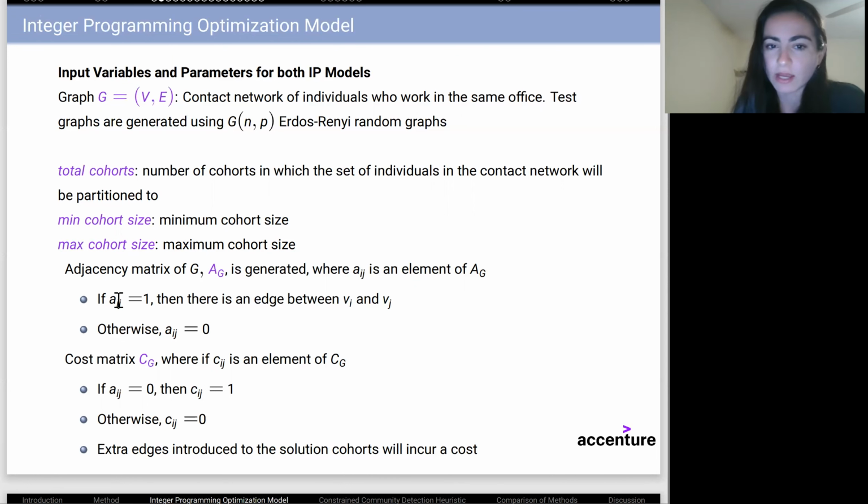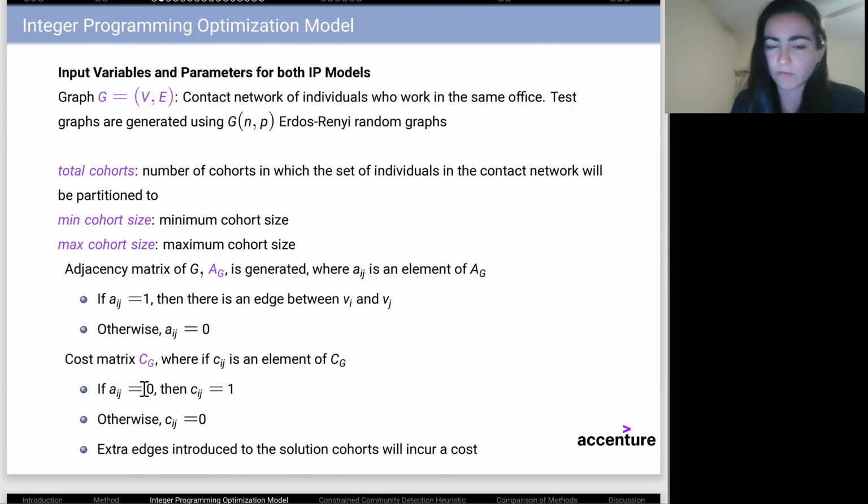So if A_ij is 1, that would indicate that an edge exists between two vertices in that graph, and otherwise it's 0, they're not adjacent. The cost matrix, on the other hand, is the complement. So we formulate in this way because any extra edges that are introduced into those solution cohorts, which are essentially complete graphs, because we assume that the individuals are all in contact with each other, those extra edges will incur a cost.